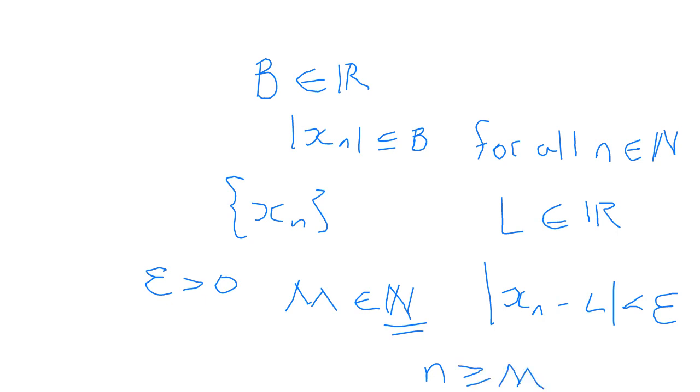Let's write it down. There exists an M in N such that the absolute value of x sub n minus L is less than epsilon for all n greater than or equal to M. Full stop.